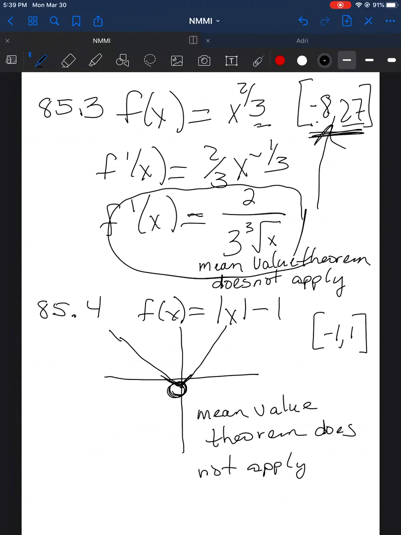So then if you look on page 438, it says if the derivative of f of x and the derivative of g of x on a closed interval I are always equal, in other words, when you take the derivative of it, you get the same thing, then it just means that they differ by a constant value.